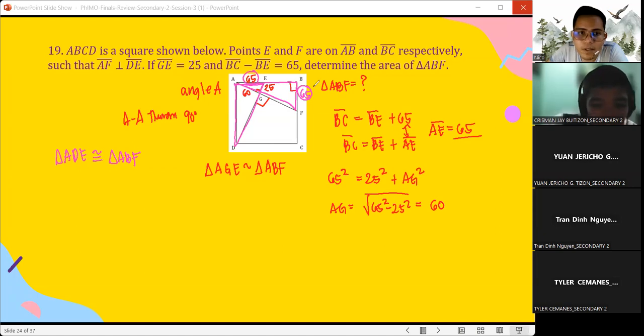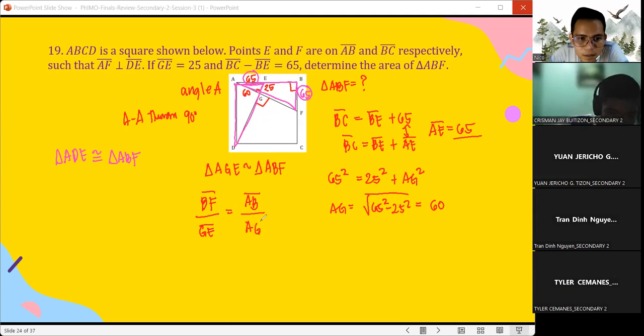Now, you have already given two values which is 65. Diba? So, let's get now the similar properties of AGE and ABF. Okay? So the BF here is congruent with GE, okay, that part. And then the AB is similar with AG, right?